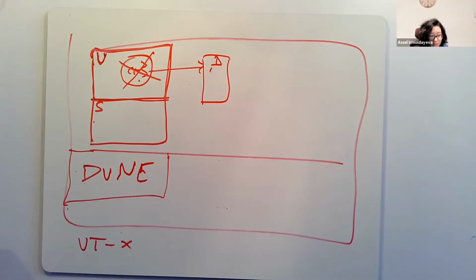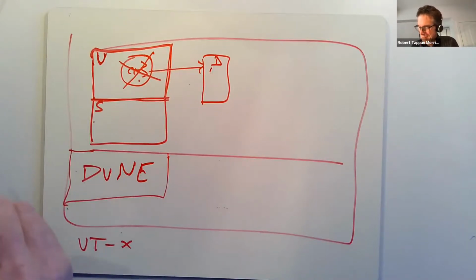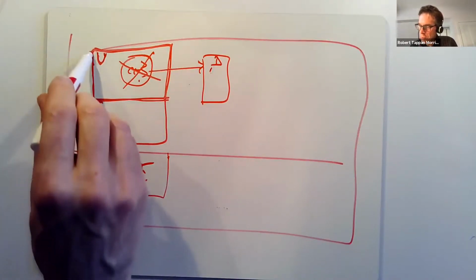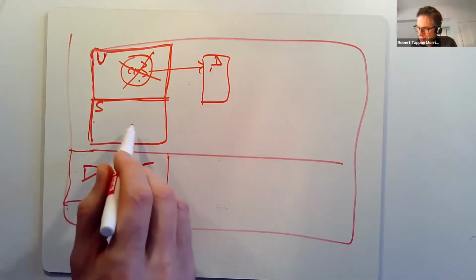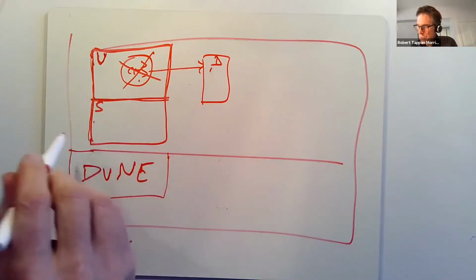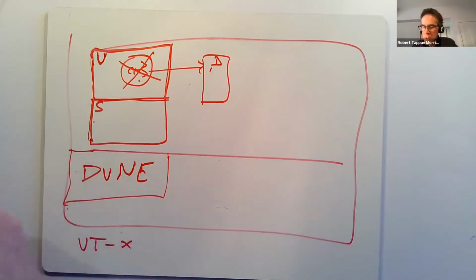Sorry, so at a high level, Dune is like making a VM, but instead of a VM, you run a process. Yeah, you can phrase it either way. It's supporting what's mostly a process abstraction, but instead of using the page table hardware, it's using the CPU hardware to support it.